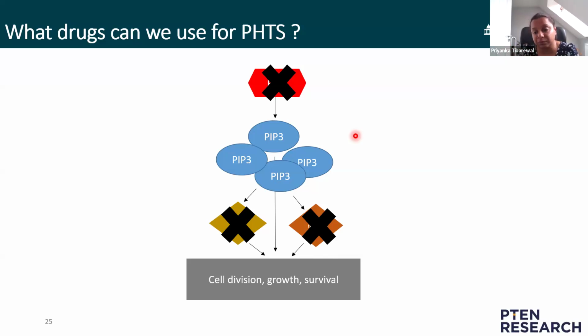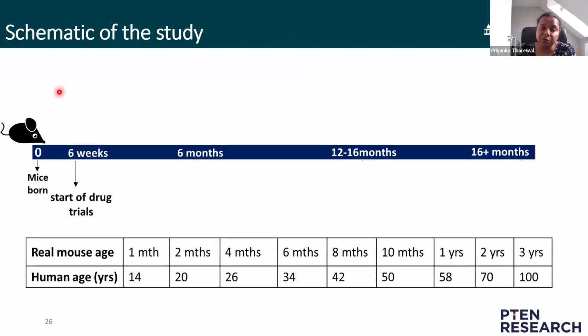So what we are doing with PTEN research is we've contacted pharmaceutical companies, and we would really like to see if your medication, which is being used for breast cancer or prostate cancer, we can use it for PHTS patients as well. And again, we use our mouse model, which gets all of these cancers during its lifetime.